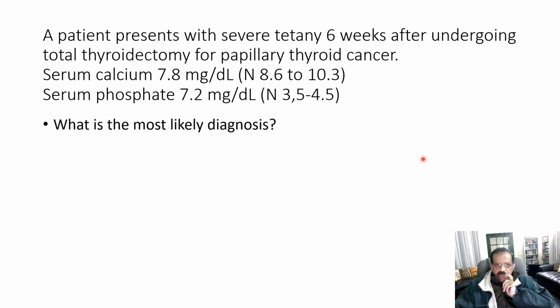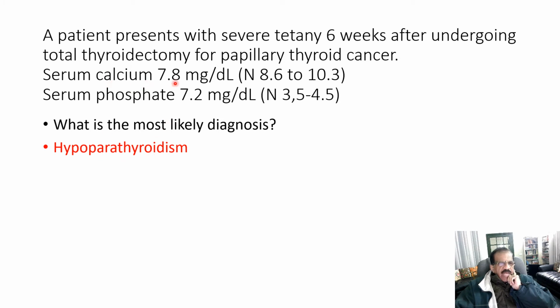So what is the most likely diagnosis? If this patient was previously healthy, if there was no tetany before undergoing surgery, then I think it would be very safe to assume that this patient has developed hypoparathyroidism as a result of inadvertent parathyroidectomy.